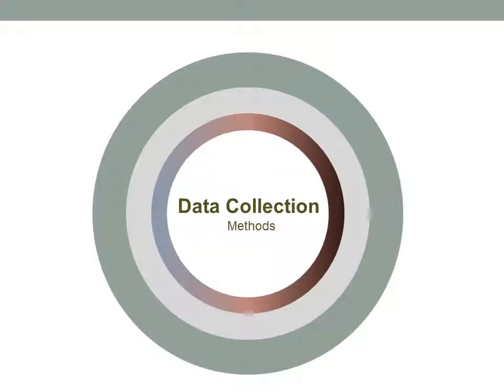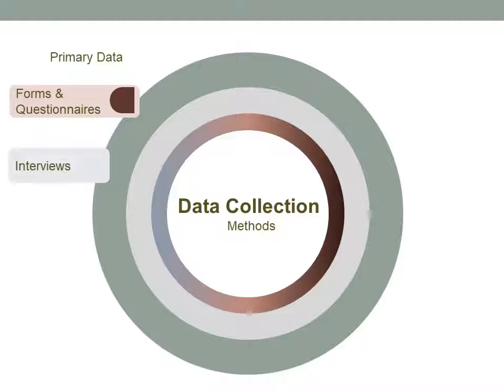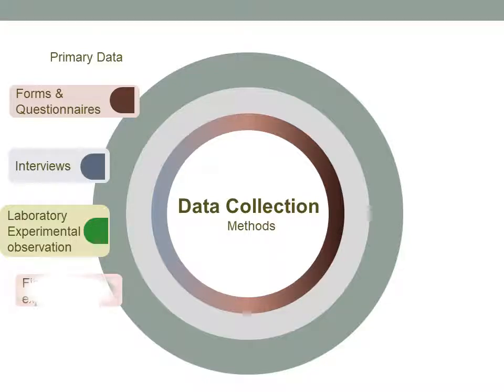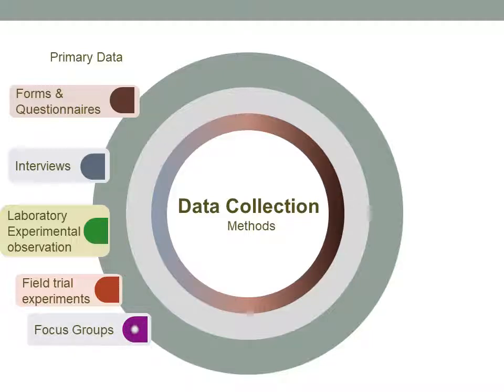Now let's see what data collection methods are available to collect primary data. First, you can provide forms and questionnaires, you can make use of interviews, laboratory experimental observations, field trials, and also focus group interviews. So these are the ways that you can obtain primary data.